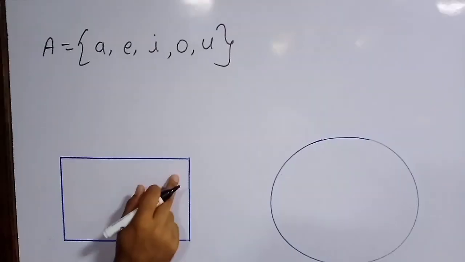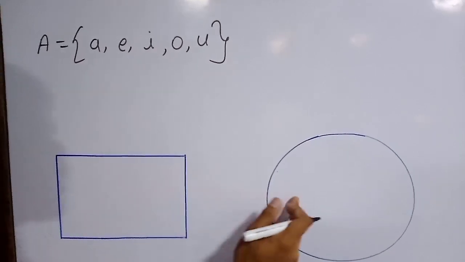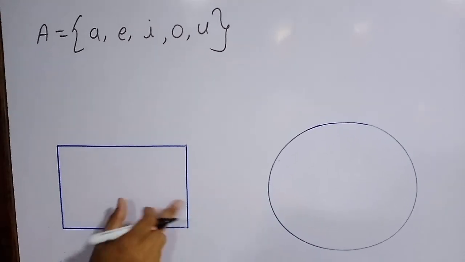This is a rectangle. Mostly we use a closed figure for the diagram of a set.